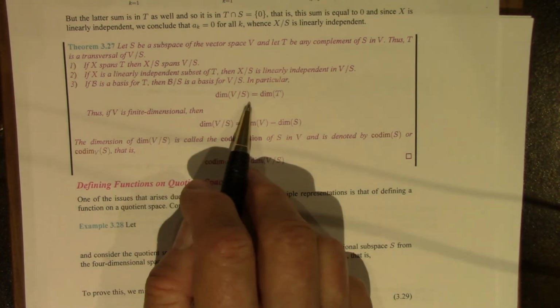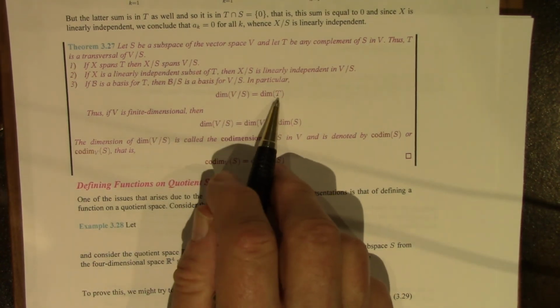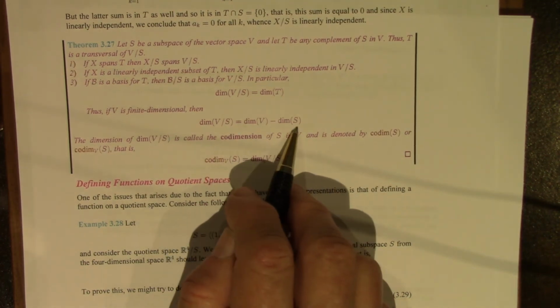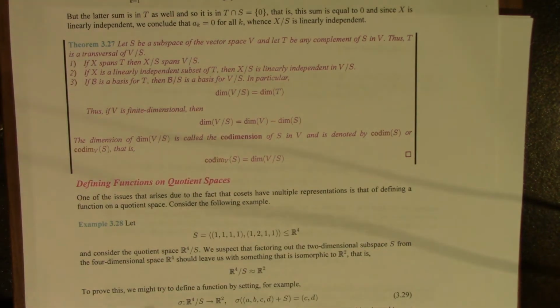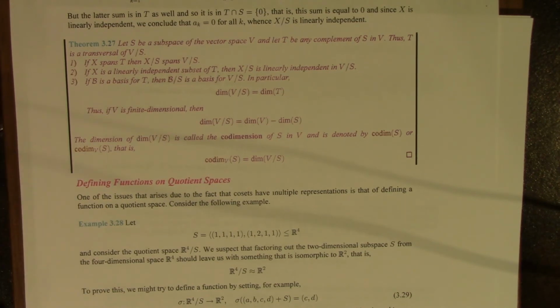In particular, when V is finite dimensional, remember that the dimension of a complement of S is the dimension of V minus the dimension of S. So we have this formula. The dimension of the quotient space has a name.